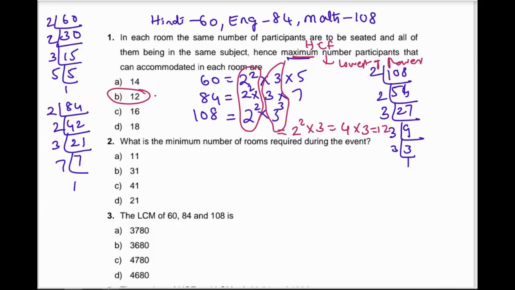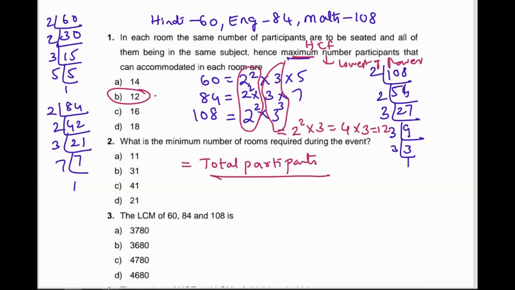Then next question is, what is the minimum number of rooms required during the event? The minimum number of rooms will be the total participants divided by the HCF.